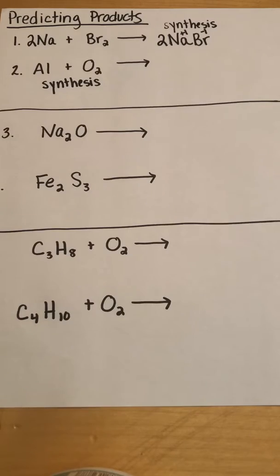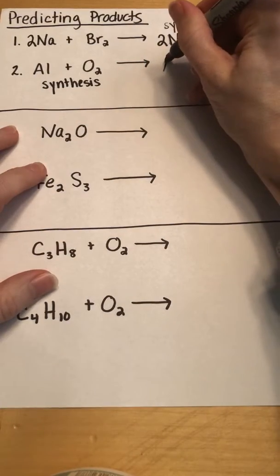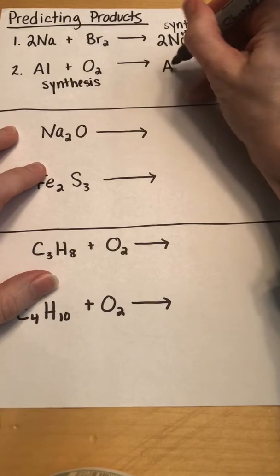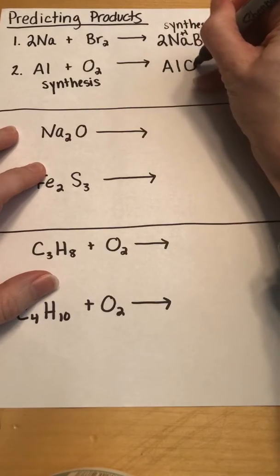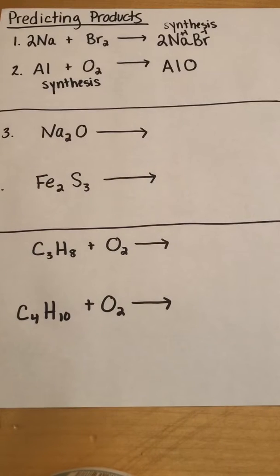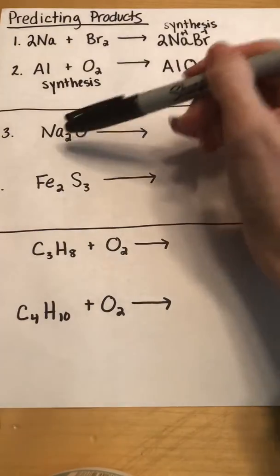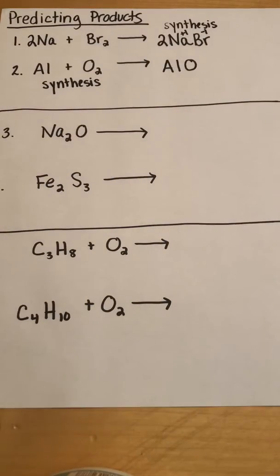So aluminum and oxygen are going to combine. In a synthesis, we end up with a single product. So that's going to mean the aluminum and oxygen come together. Again, when you predict products, you do not carry subscripts. Subscripts are on elements or compounds because they're specific to that element or compound.